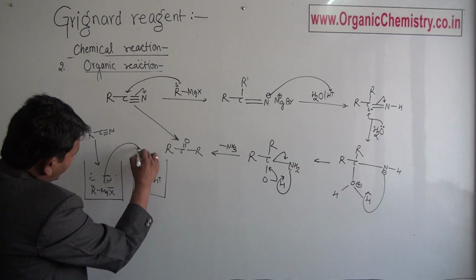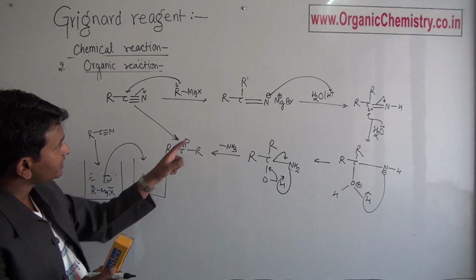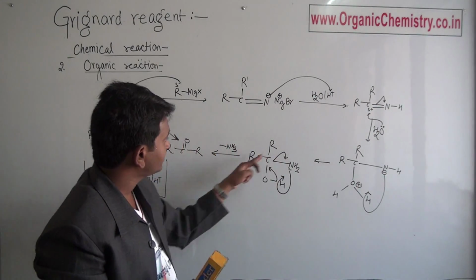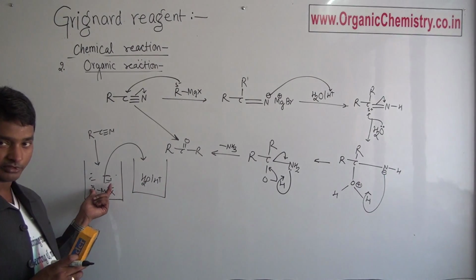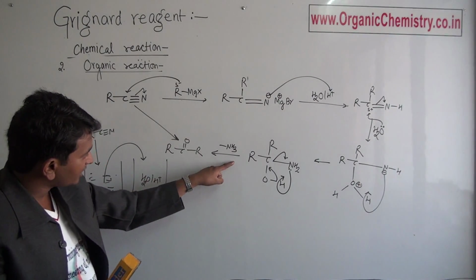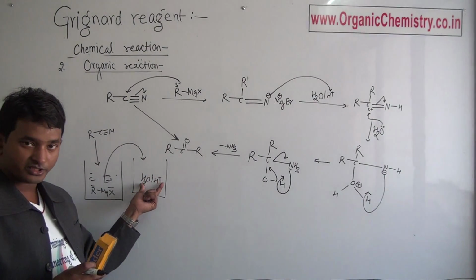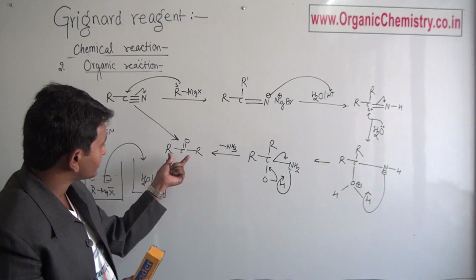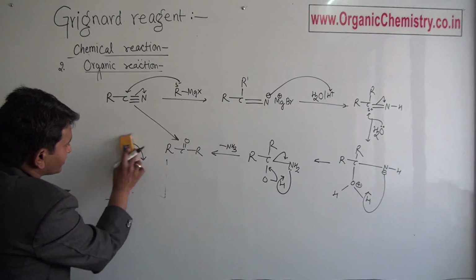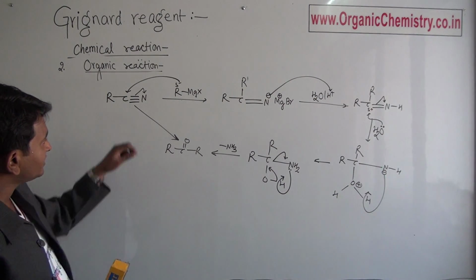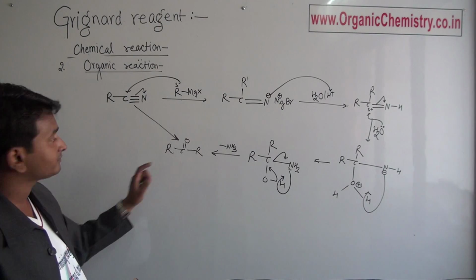We add this part into this, and now this reaction is carried out in this chamber, not in this chamber. So no other RMgX will attack over this part because this container does not have any RMgX molecule. So the final product is the ketone, not the alcohol. So this is the best method for the preparation of ketone from RMgX, that is, when RMgX attacks over the carbonyl carbon, ketone will be obtained.